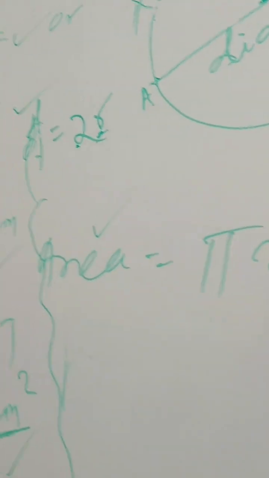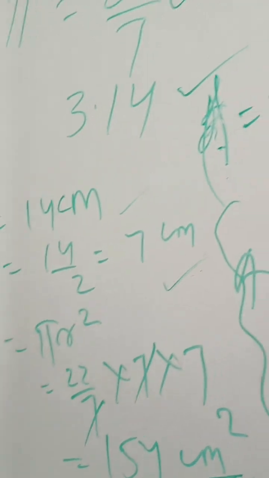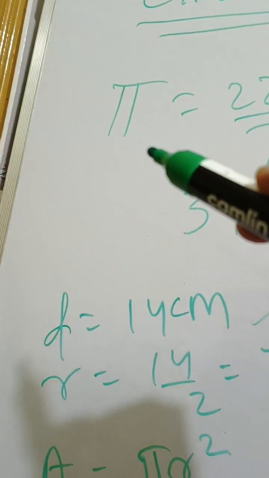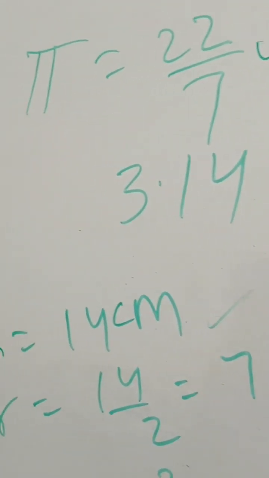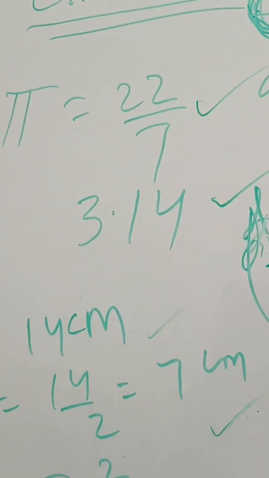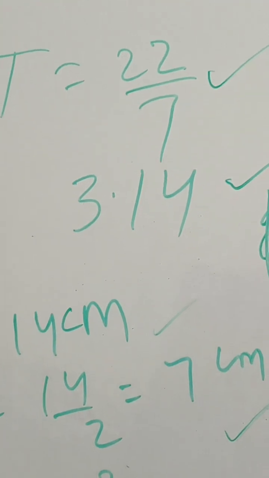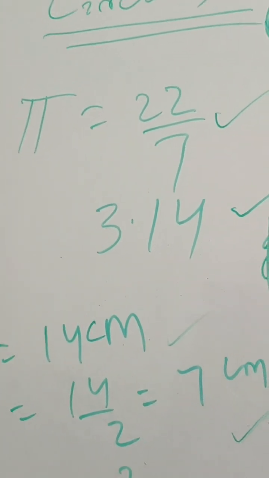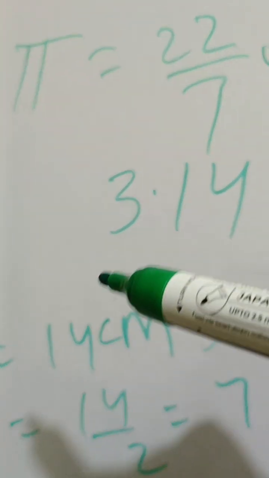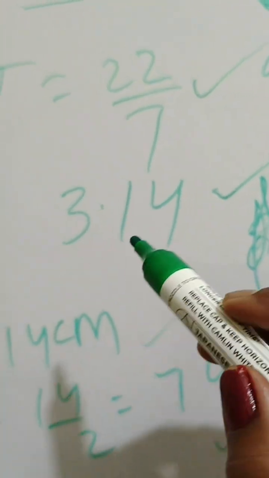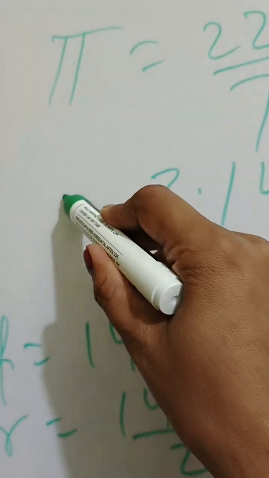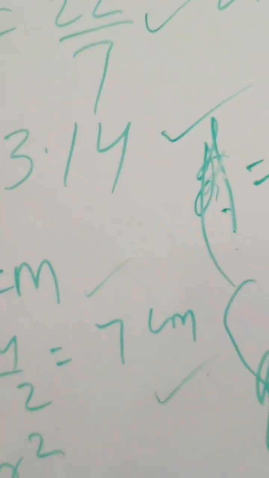Now come to the most important thing that we use in circles, the value of pi, which is mostly used in solving problems related to circles. Its value is 22/7, or sometimes it is instructed to use the value 3.14.